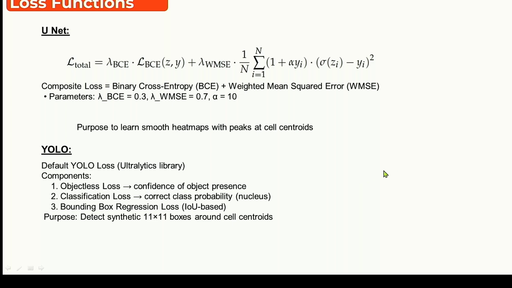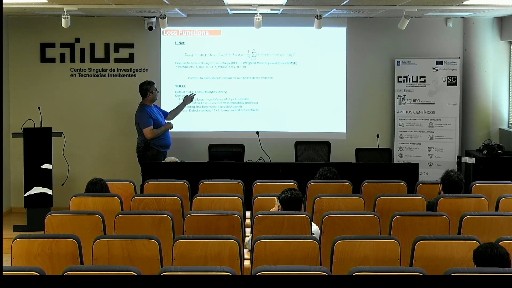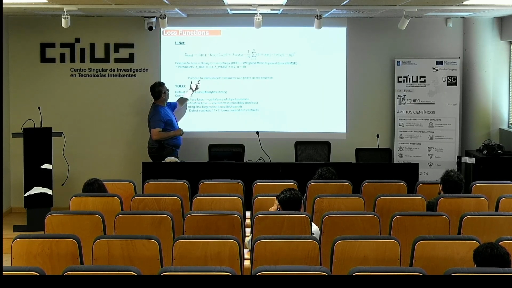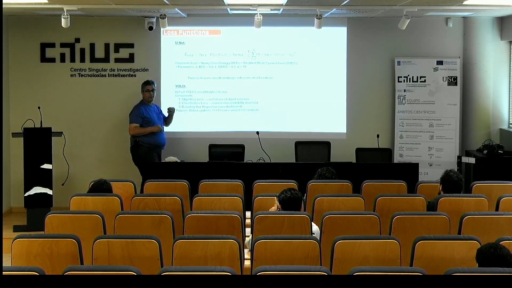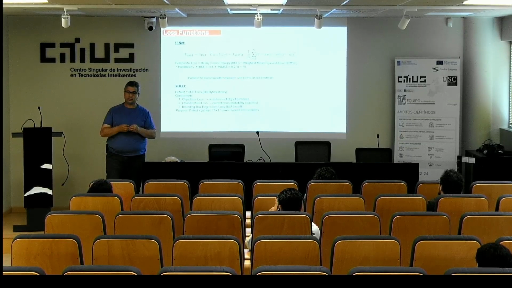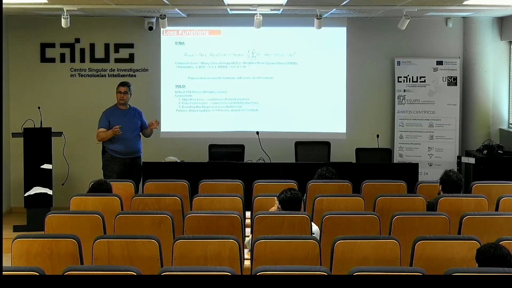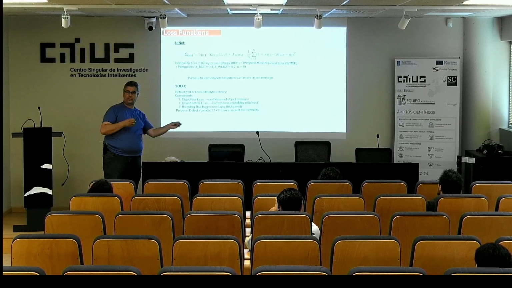Okay, and we use the loss functions. We combine two loss functions for UNet. We're using the binary cross entropy and weighted mean square error. We're using the binary cross entropy to separate the background from the cells.